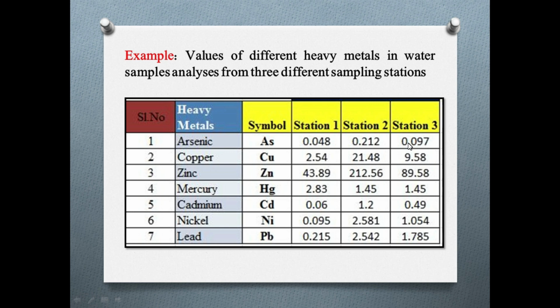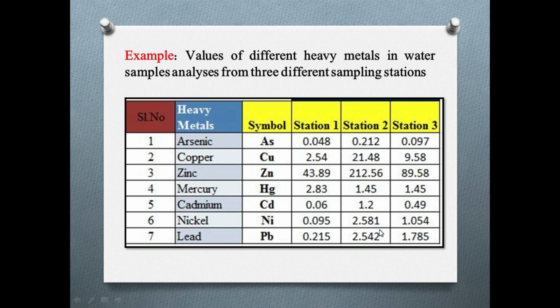These are all imaginary data, just for demonstration purposes. Similarly, this much copper was present in spring 1, this much in spring 2, and this much in spring 3.